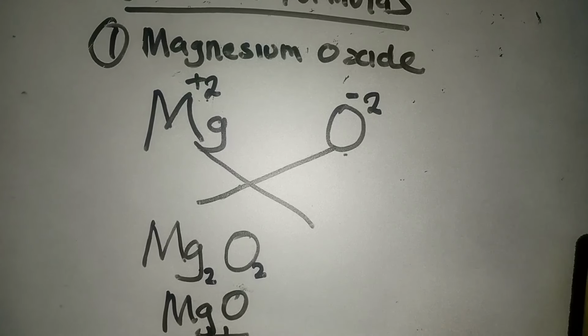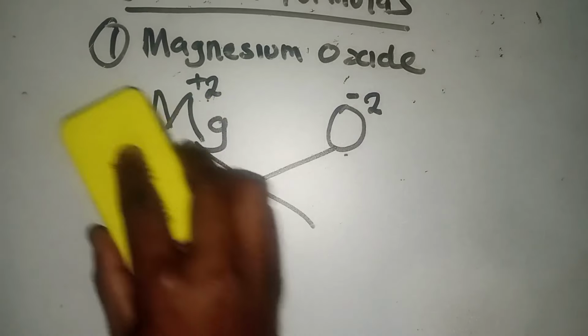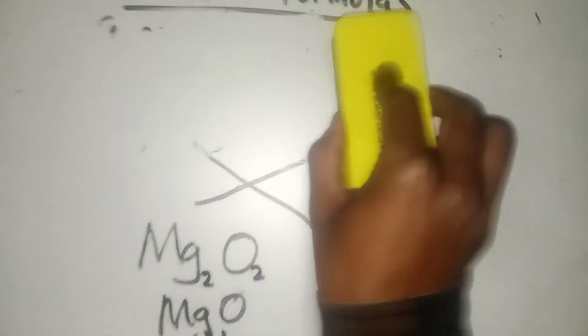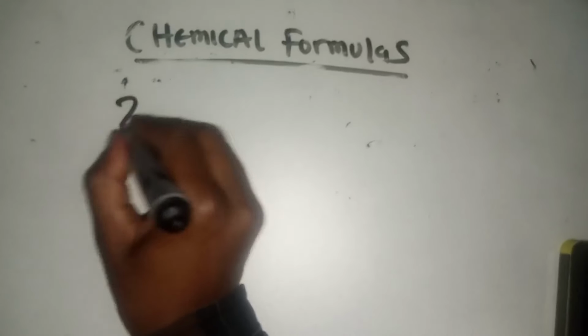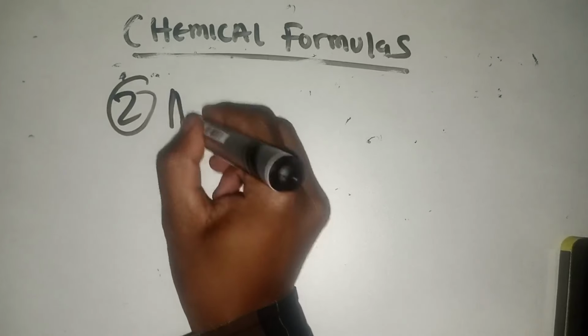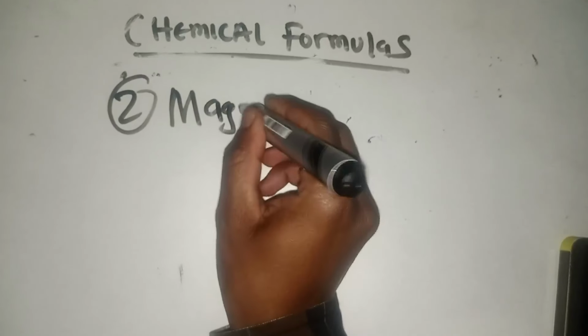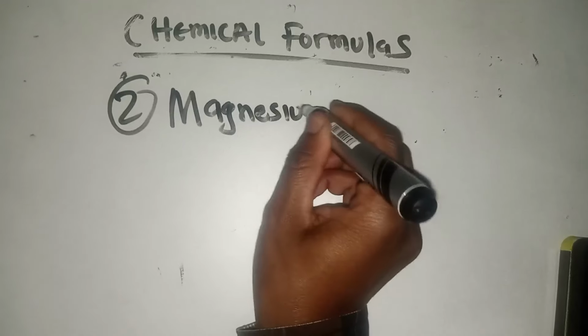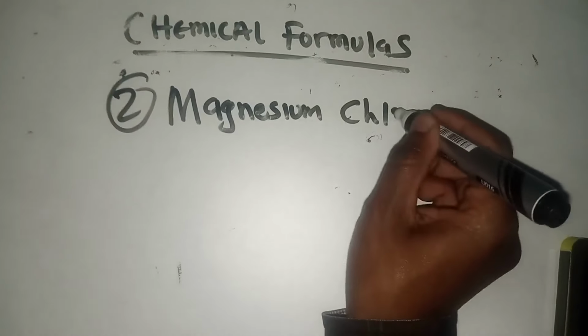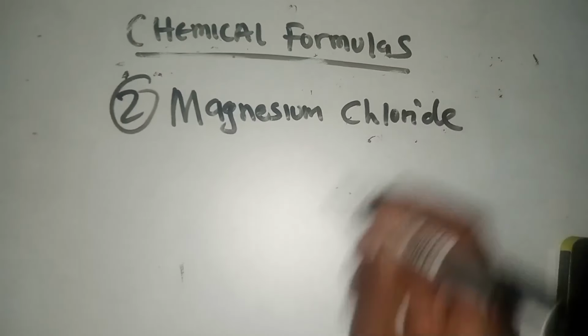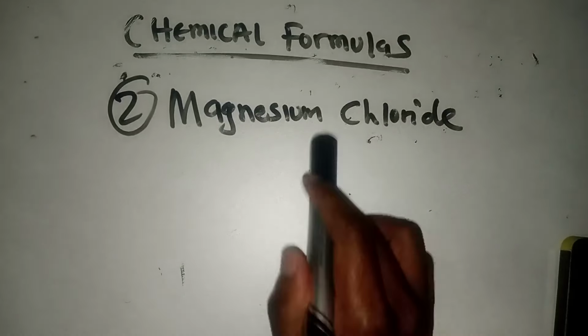I hope you are following. Let's go to the next question. Number 2, we're going to write magnesium chloride. You know that by chloride we mean chlorine.